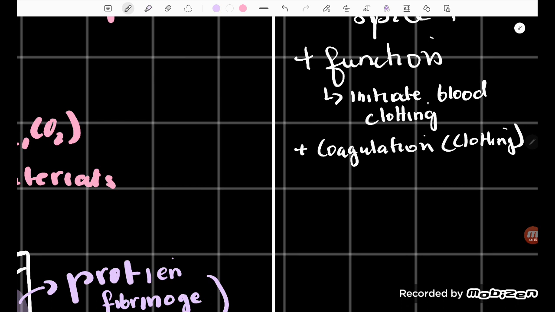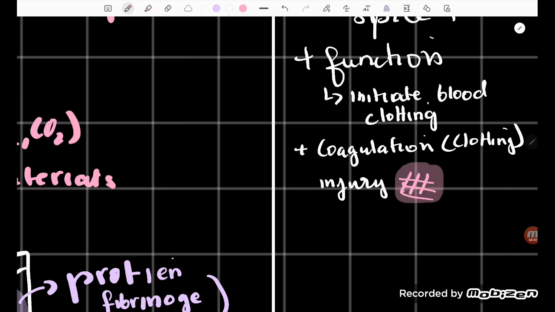So what happens in the blood clot is there is an injury in the area, something like that. Let's make it bloody.